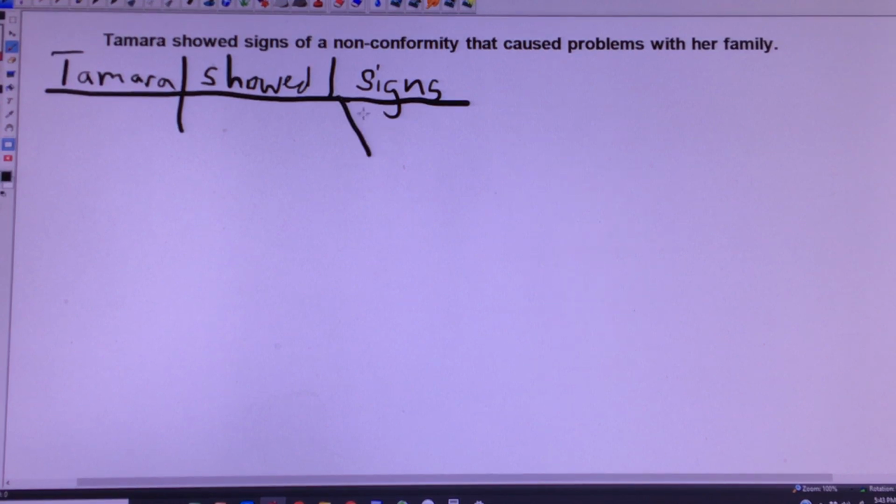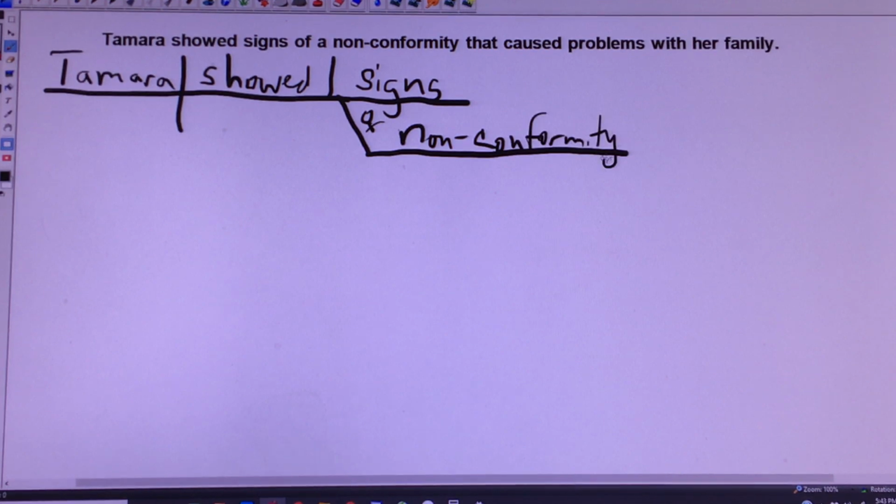So signs of the direct object, the object of the preposition of is nonconformity. What nonconformity? Which nonconformity? A nonconformity.